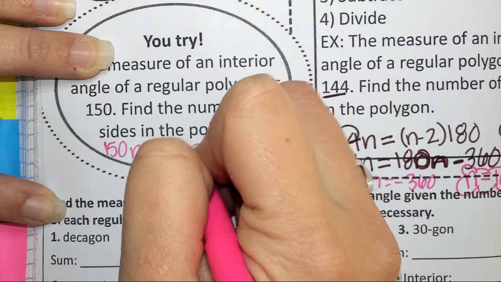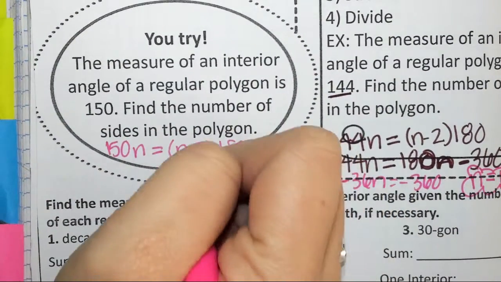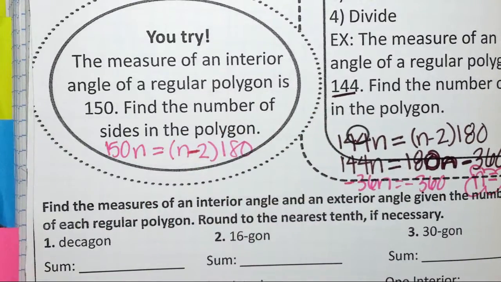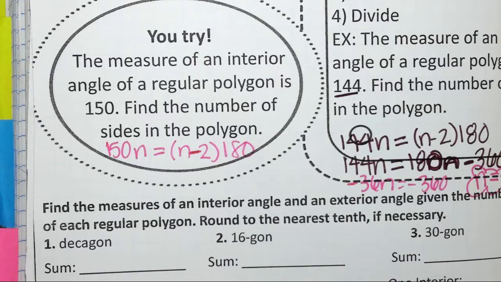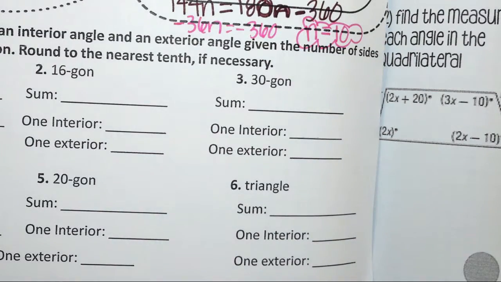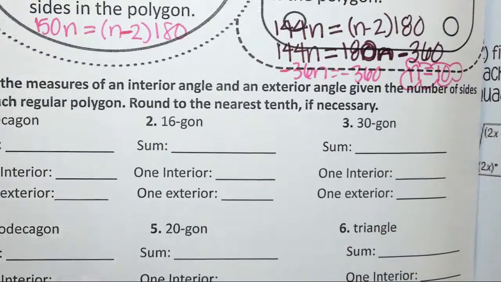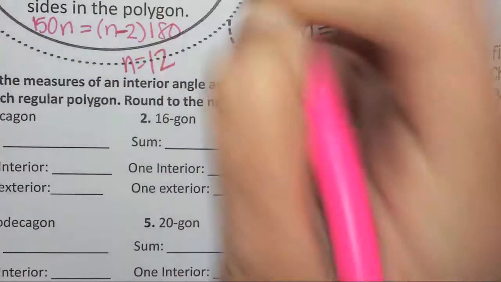(N minus 2) times 180. Can you guys work that problem out without me? Okay, at least try. Alright, so did y'all get n equals what? 12? Yay! 12!